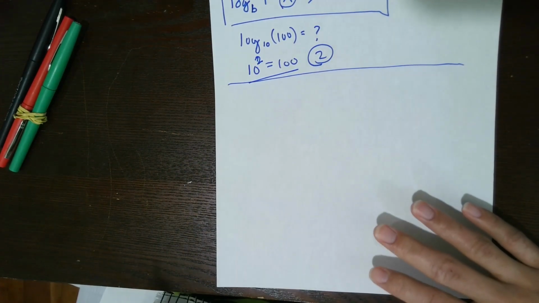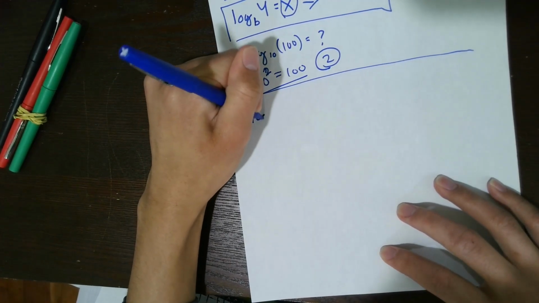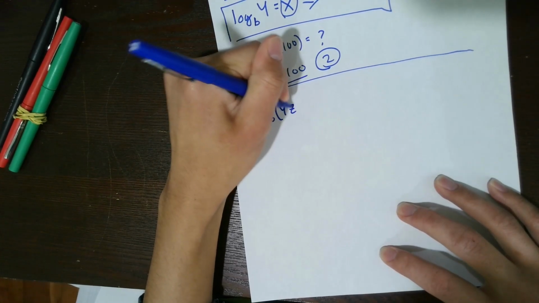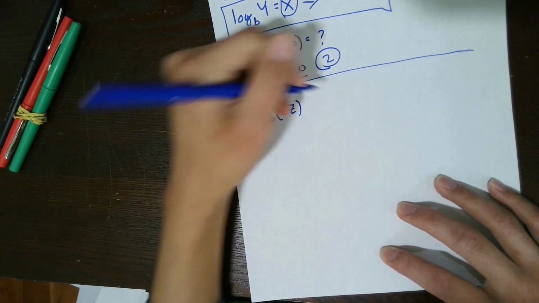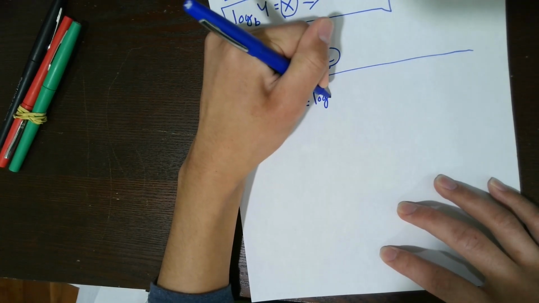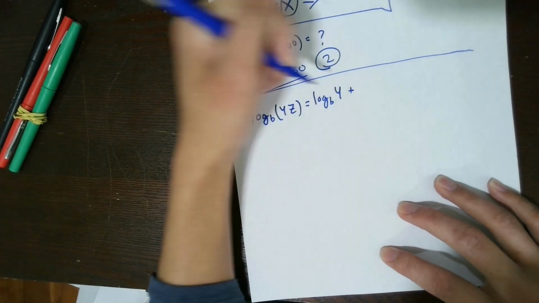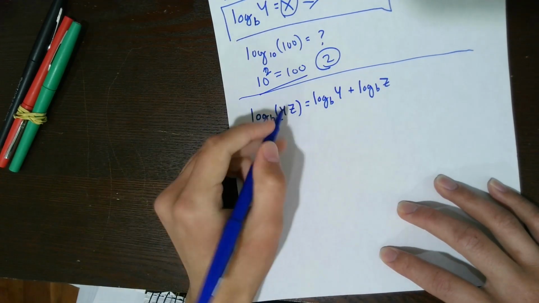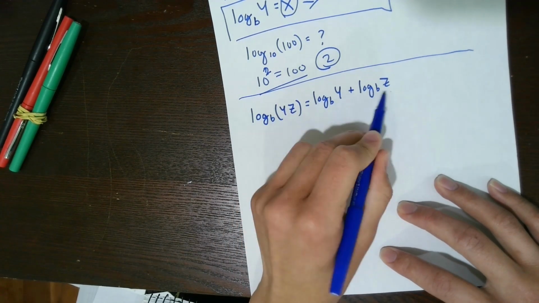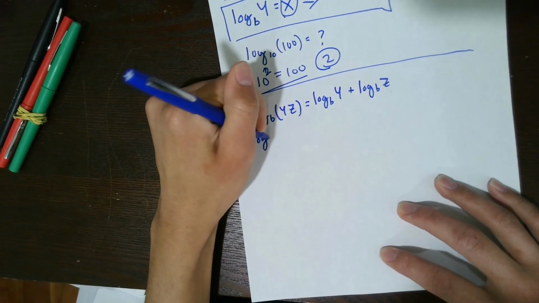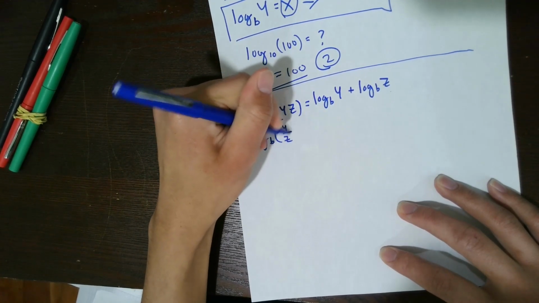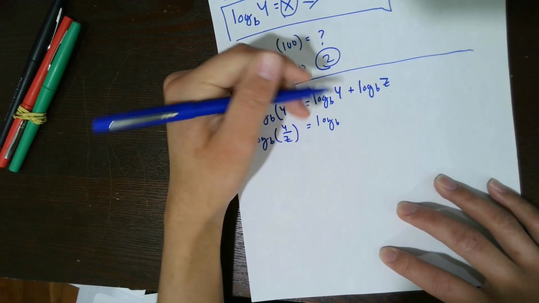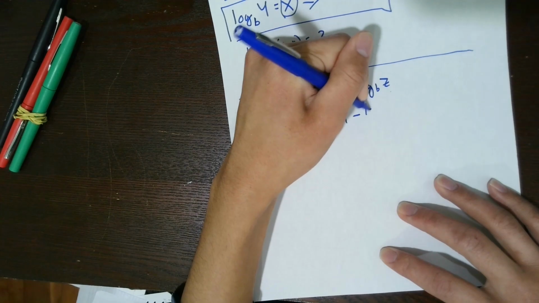A couple of properties with logs I'll give you, and you have to memorize these, unfortunately. If you have log of 2 things that are being multiplied inside the parentheses, that's the same as having a log of each thing separately but added. So we went from multiplied here to separating them and adding. If you have a log of something that's being divided, that's the same as taking the log of each thing by itself and then subtracting.